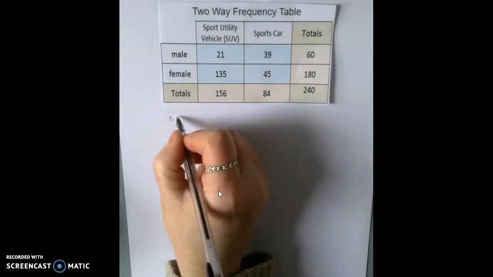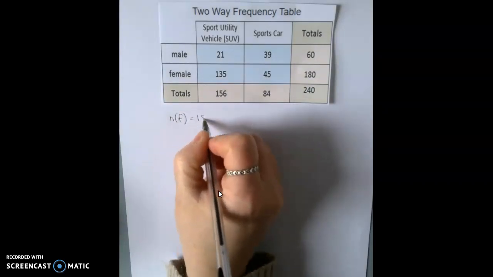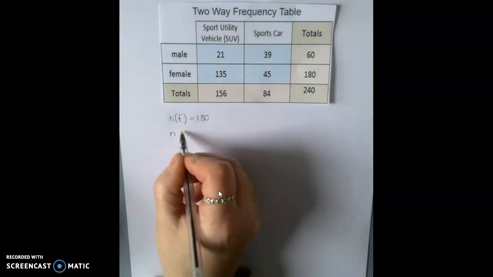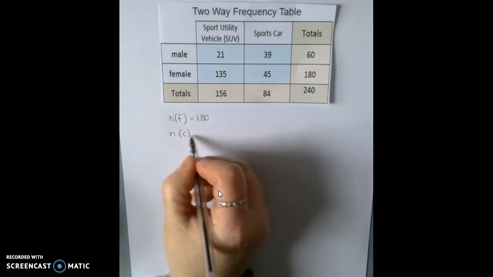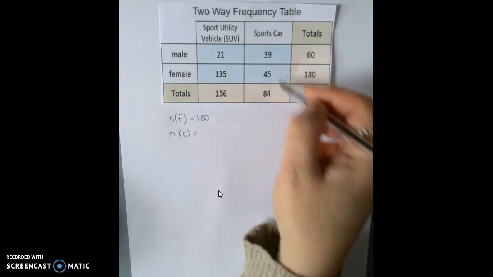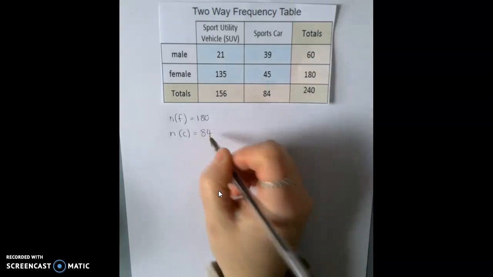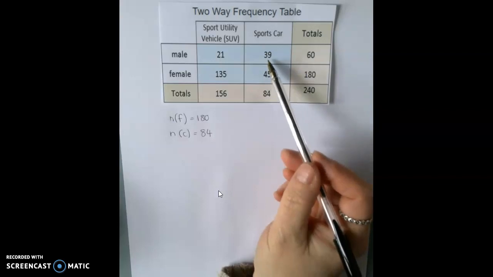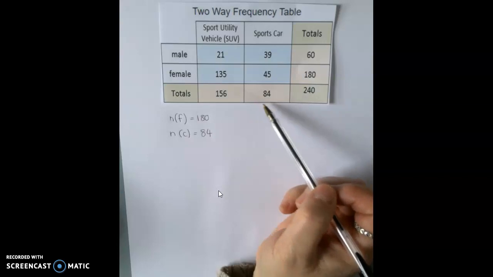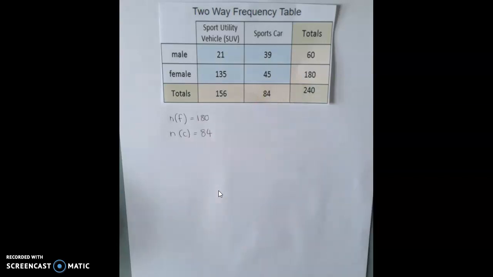It doesn't matter if those females like SUVs or sports cars, we're just looking at the total number of females. And then the total number of people who prefer sports cars is the total of this column here, that's 84. So it doesn't matter if the person is a male or a female, the total number of people who like sports cars is 84.